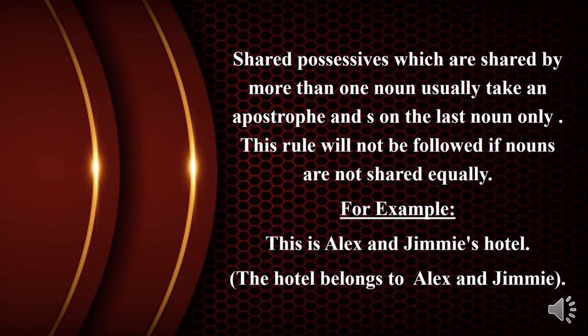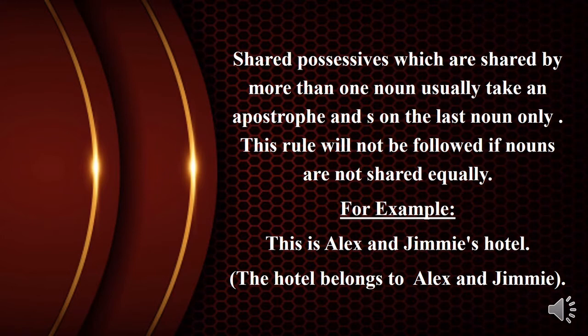Shared possessives which are shared by more than one noun usually take an apostrophe and s on the last noun only, which means that whenever there are shared possessives which are shared by more than one noun, then we will use an apostrophe and s on the last noun only. This rule will not be followed if nouns are not shared equally, which means that we will not use this rule if the nouns are not shared equally.